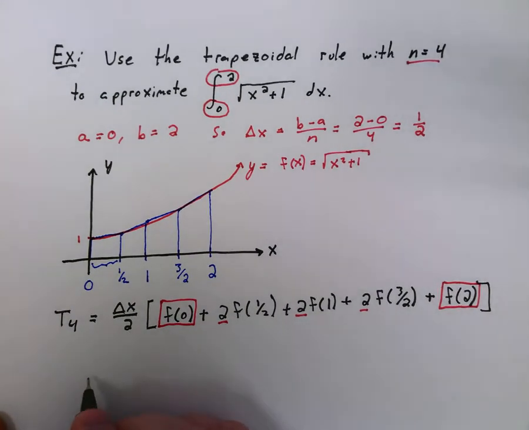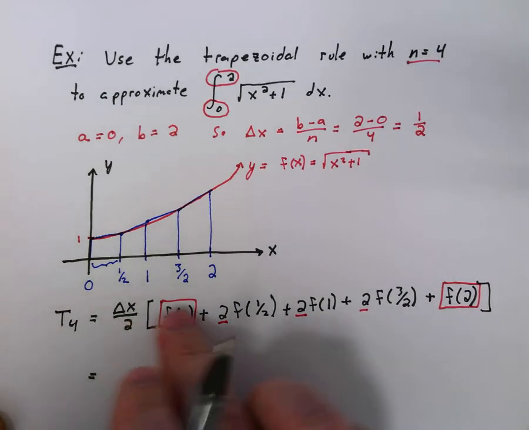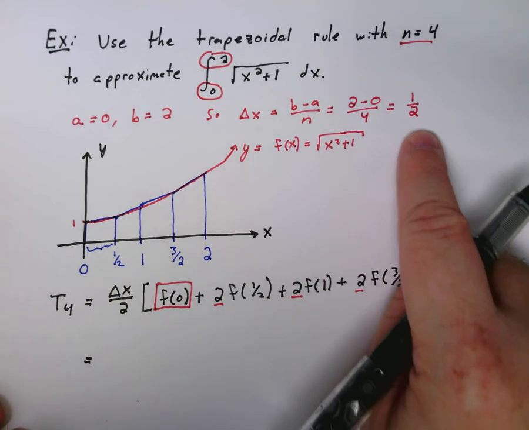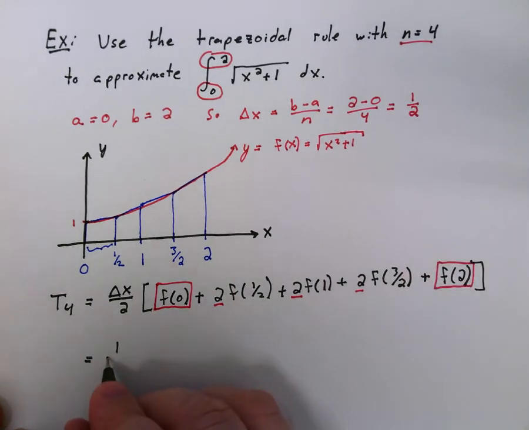Okay, so this is going to be equal to delta x divided by 2, so I'm going to have 1/2 divided by 2, which is 1/4. Okay, and so let's work this out.